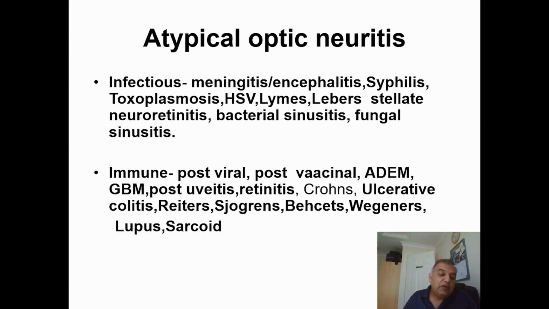And of course, NMO is treated with steroids and anti-inflammatories. There are many variants to this, but that's outside the scope of this talk. Now, atypical optic neuritis, we talked about typical optic neuritis, could be infectious.